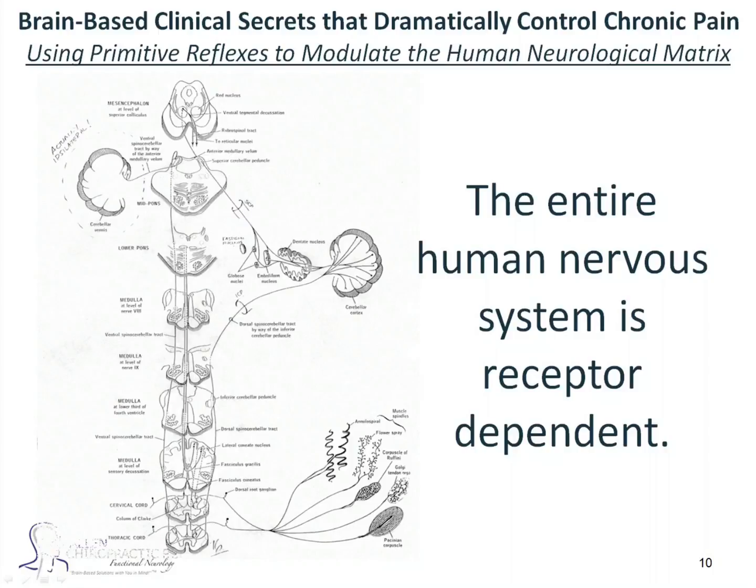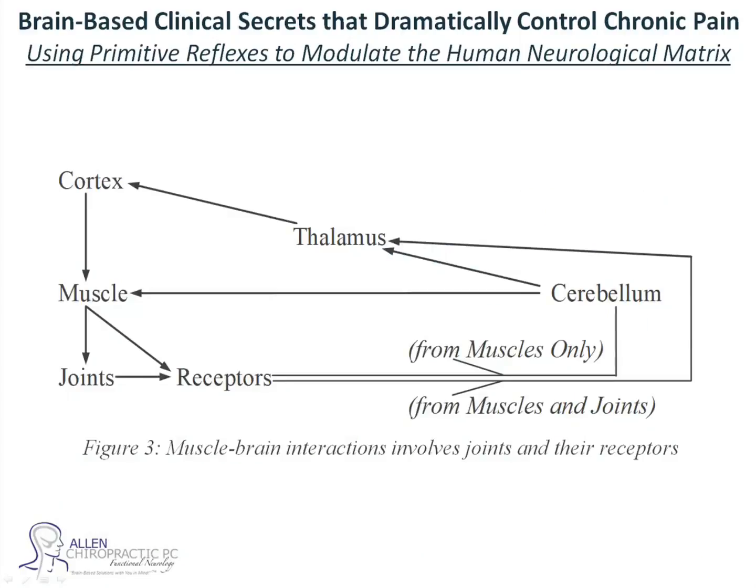About 85% of the input to the cortex comes from muscles, but about 90% of the outflow of the cortex goes to organs. It doesn't go back to muscles.